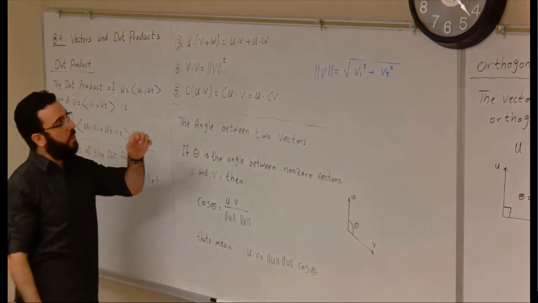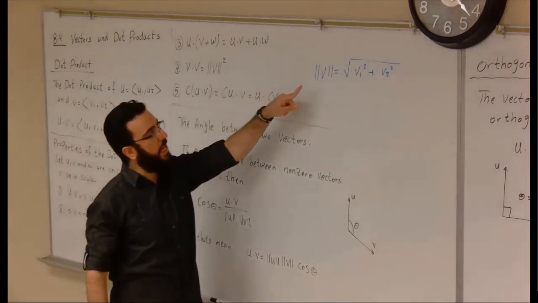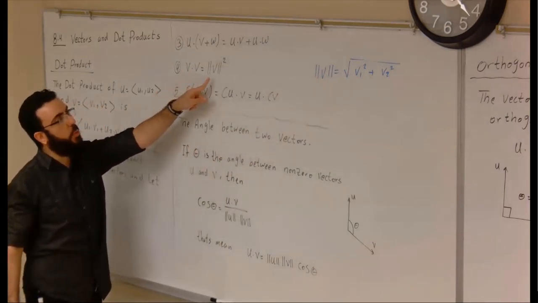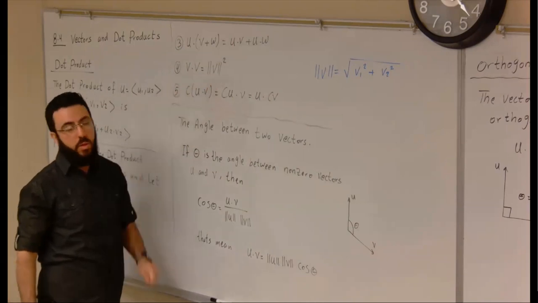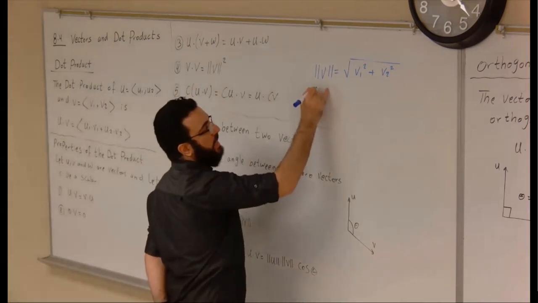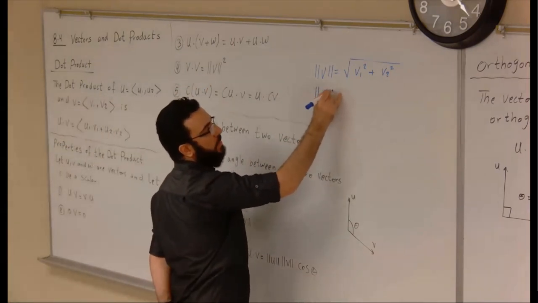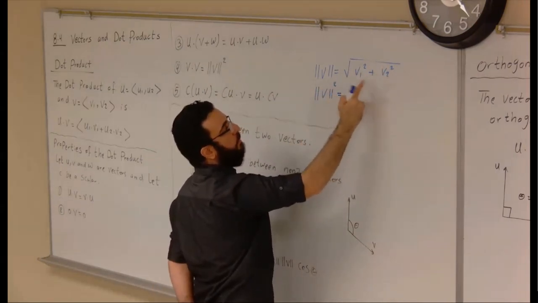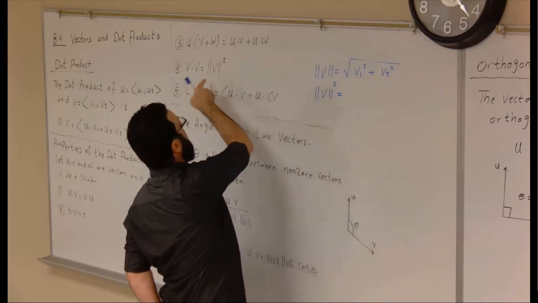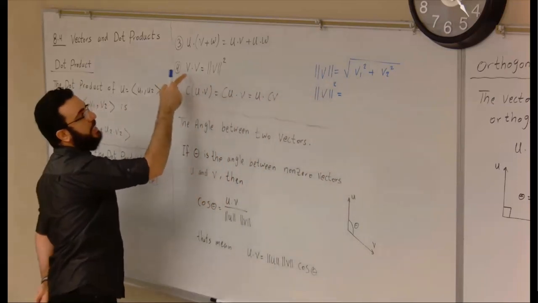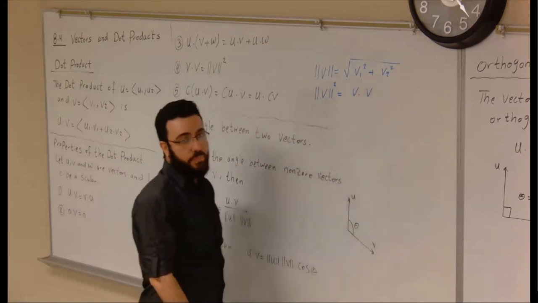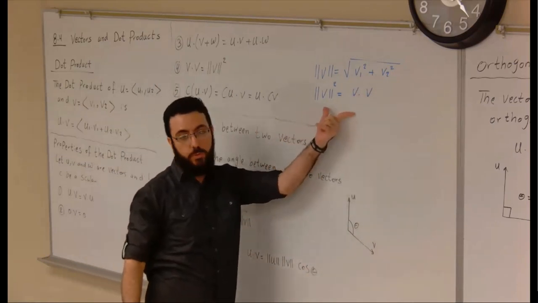That means now, if I need to find the length, I can say the dot product equals the length squared. Instead of doing it the long way, it's the same thing as the dot product. So now this is an easier way to find the length.